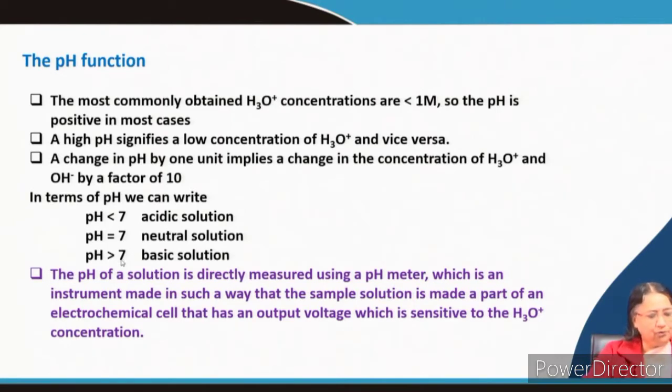The pH of a solution is directly measured using a pH meter, a very simple portable instrument, which is made in such a way that the sample solution is made a part of an electrochemical cell that has an output voltage which is sensitive to the H3O plus ion concentration. We all have seen the pH meter, a very simple instrument, and to measure the pH is also very easy.